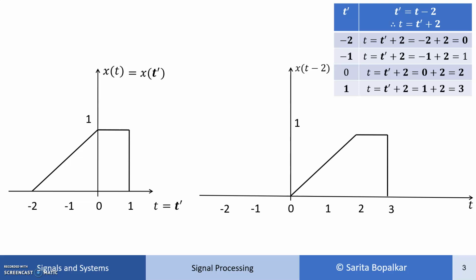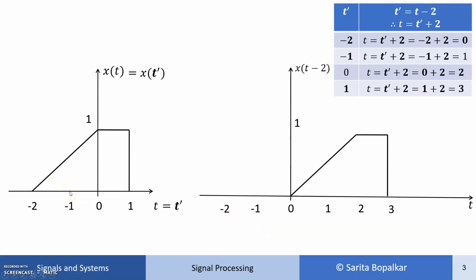You can cross verify your answers using this table. t dash equal to minus 2, t equal to 0. The amplitude at t dash equal to minus 2 gets shifted to t equal to 0. Similarly, the amplitude at t dash equal to minus 1 gets shifted to t equal to 1. You can check here, this point gets shifted by 2 time units towards the right.